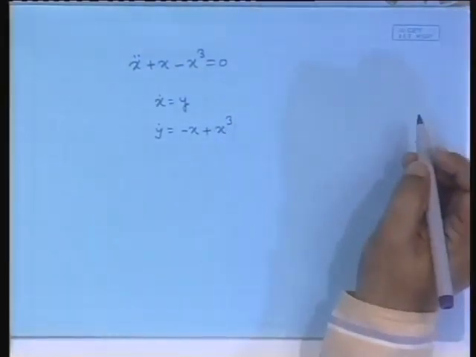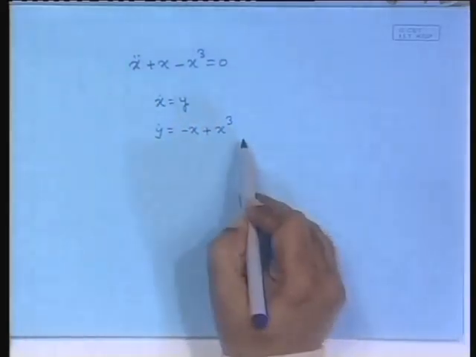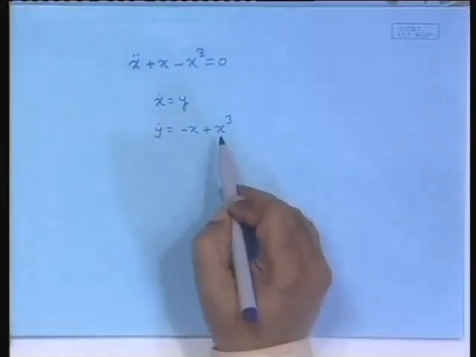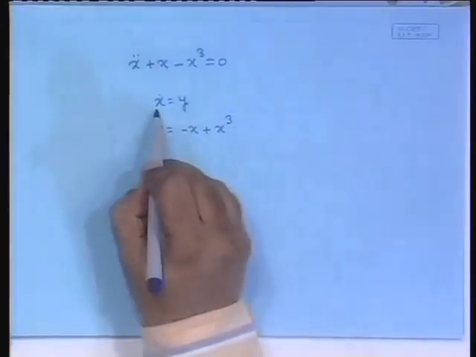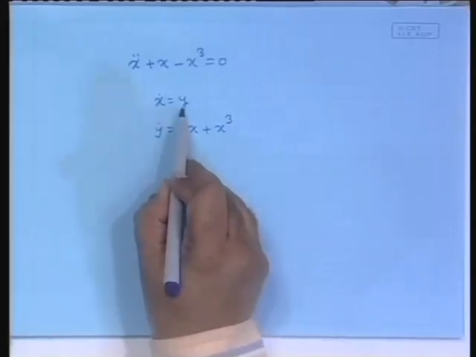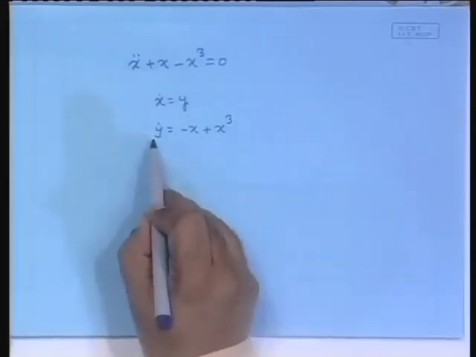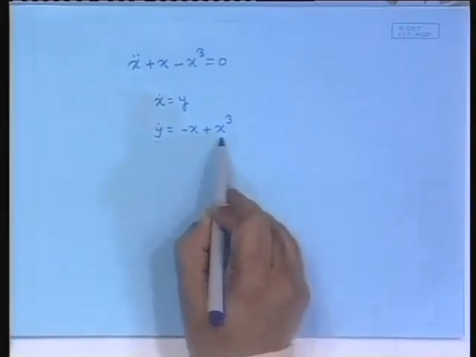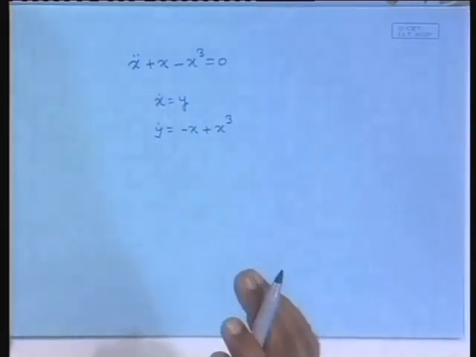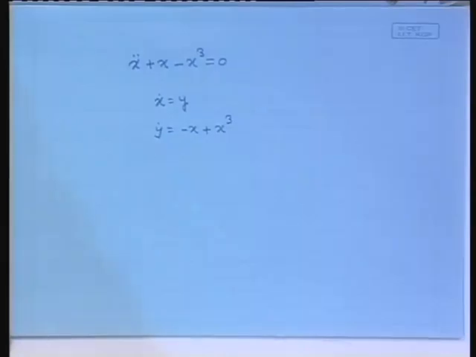Okay. So, this is the set of differential equations. Now, we need to obtain the equilibrium points. Equilibrium points are where x dot is set to 0 and y dot is set to 0. x dot set to 0 gives y is equal to 0, and y dot set to 0 gives x cube minus x is equal to 0. There are 3 solutions, right?